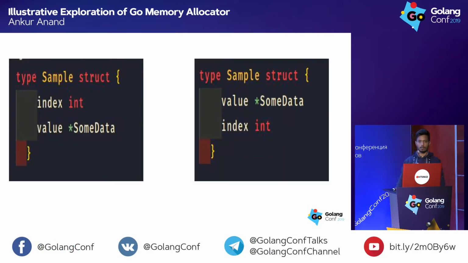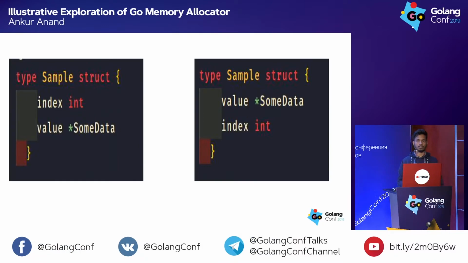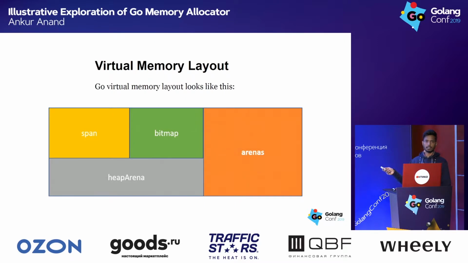For the left-hand side, the bitmap will say, okay, I have to stop at the second element over here. On the right-hand side, the bitmap will contain the metadata saying that I have to stop at the first element itself. So this helps during garbage collection. So the bitmap is basically more of your metadata container.